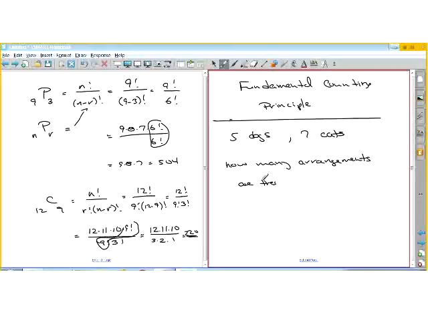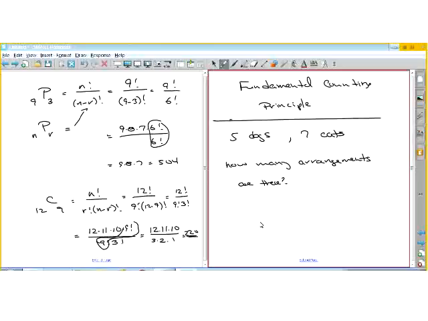And in this case, the order is not important, because if you pick one dog and a cat, it's still the same cat and dog. So you would want to take that into account.